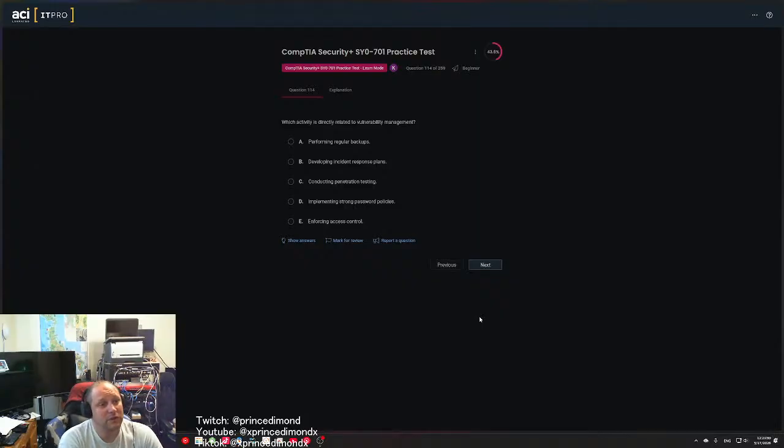Which activity is directly related to vulnerability management? Performing regular backups, developing incident response plans, conducting penetration testing, implementing strong password policies, enforcing access control. So I used to do vulnerability management for a short stint. I'd say that conducting penetration testing is part of vulnerability management.